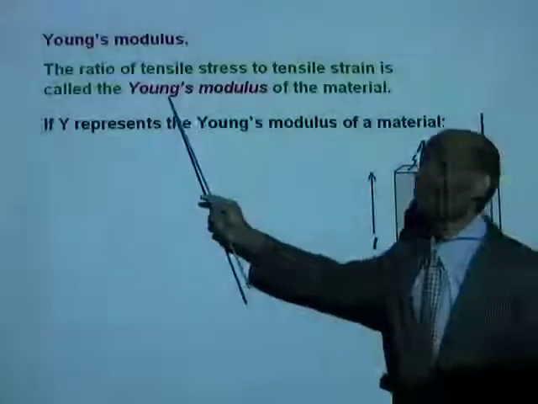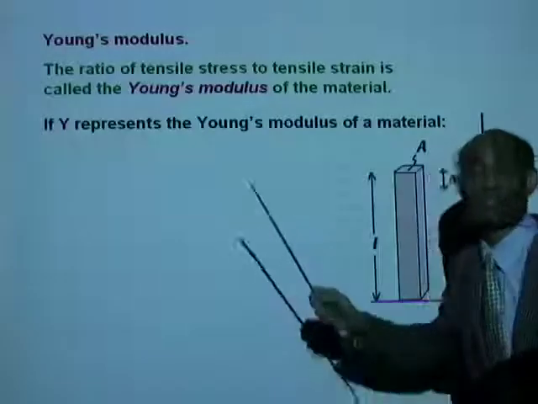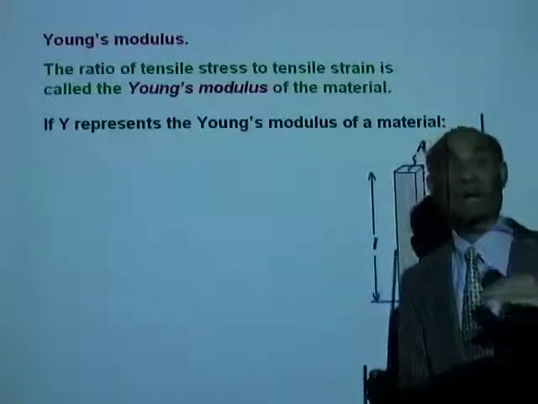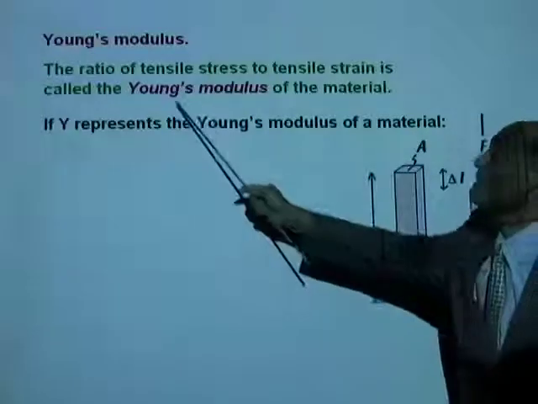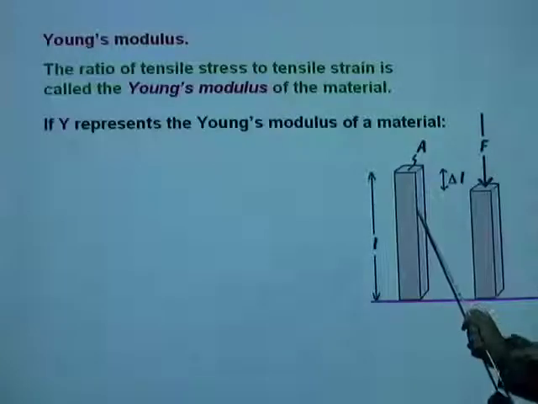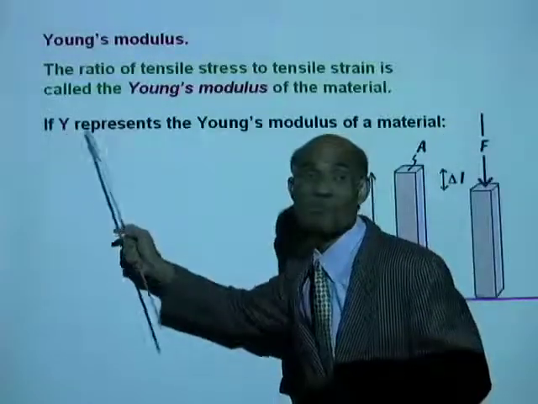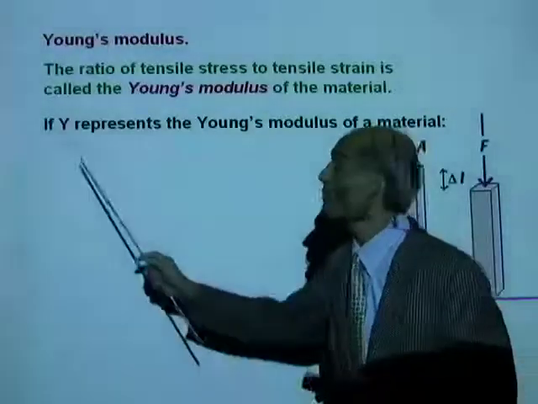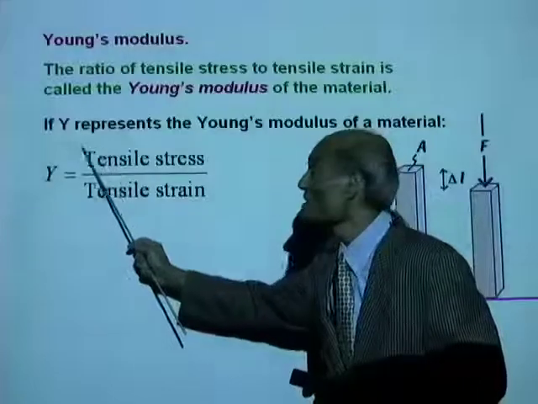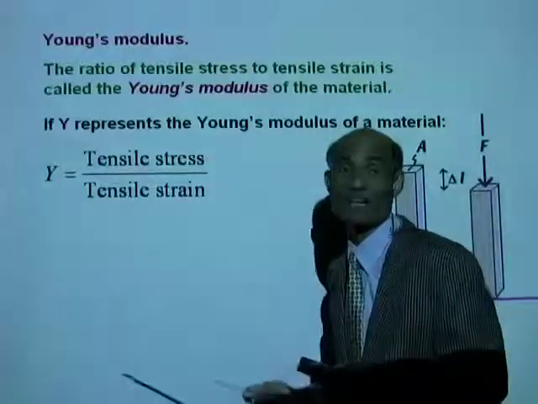And Young's modulus is the ratio of stress to strain. In other words, stress divided by strain is a measure of the Young's modulus of the material. Now, we represent the Young's modulus by the letter Y. If Y is the Young's modulus, what is the equation for it? It is tensile stress divided by tensile strain.